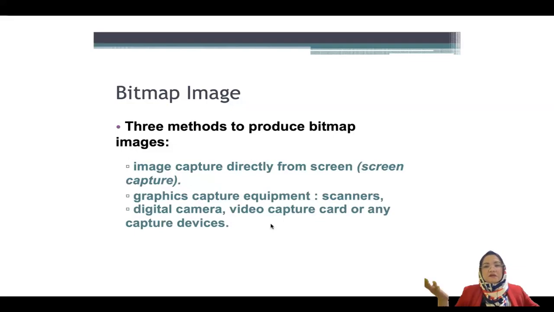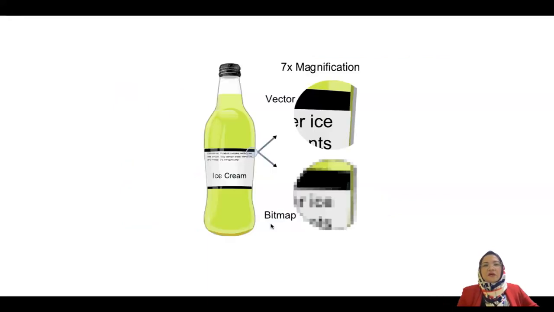You take a magazine and scan the picture from the magazine. These are some of the ways of getting a bitmap image. But like I said, if you zoom and look closer, you can see that it is not as sharp as a vector. You can see there are pixels with bitmap images.